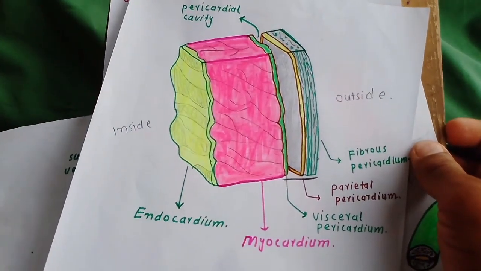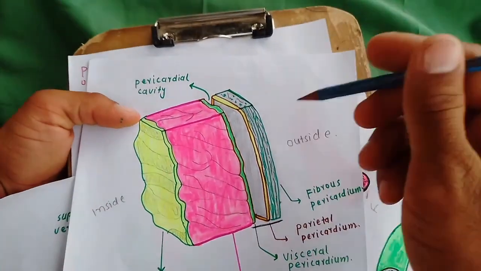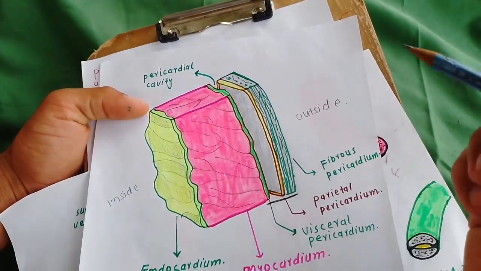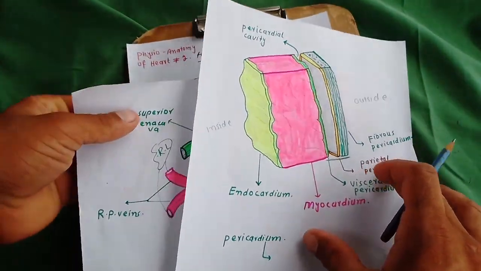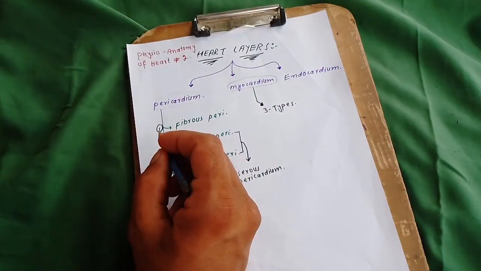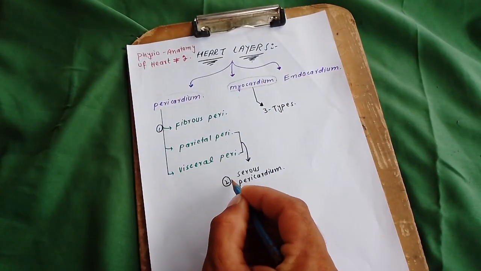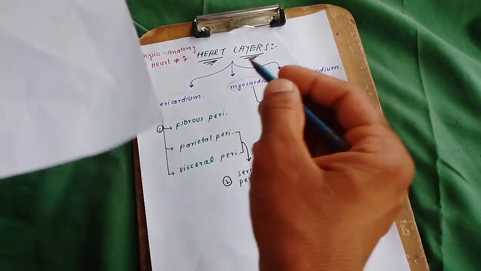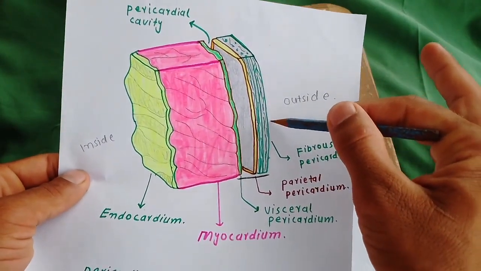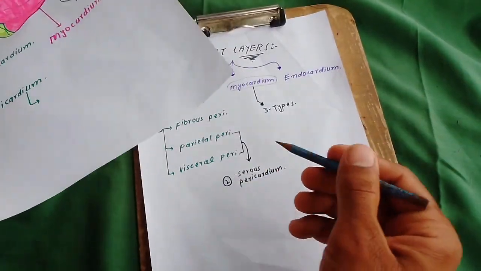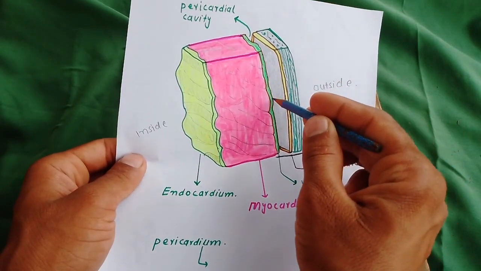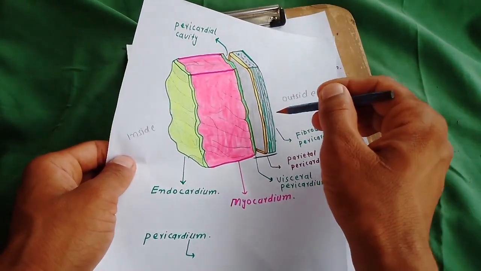It is very strong and covers the heart from outside. The pericardium consists of the fibrous pericardium and the serous pericardium. The fibrous pericardium is the outermost, and the serous pericardium is present inside the fibrous pericardium.